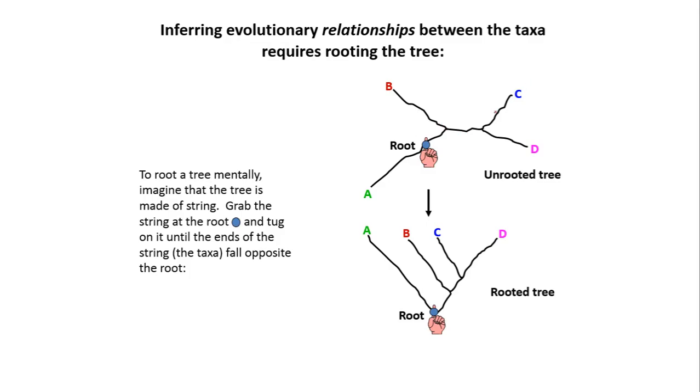Imagine your tree is made of strings, decide a root and pull this root towards yourself until all the taxa fall apart on the other side of your root. That is what is usually done when you root your phylogenetic tree.